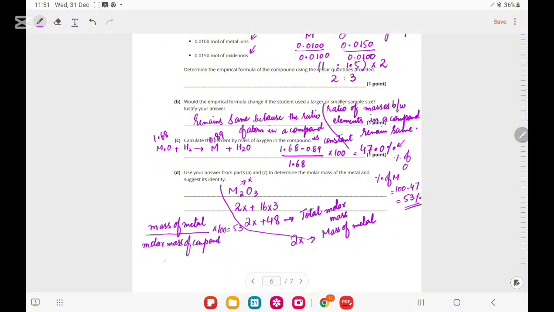So the mass of metal is 2X, the molar mass of the compound is 2X plus 48, times 100, equals 53. Then by solving the equation, the value of X comes out to be 27.06, and that is for aluminium.